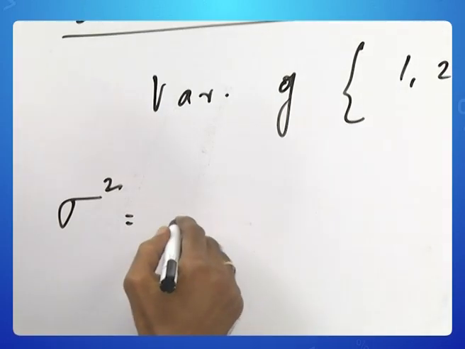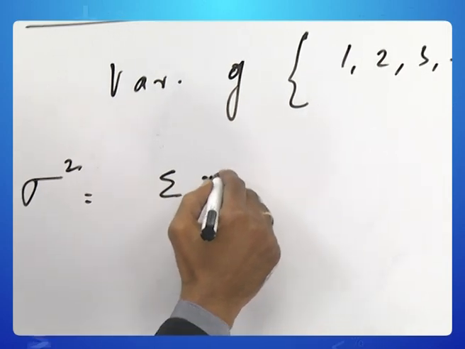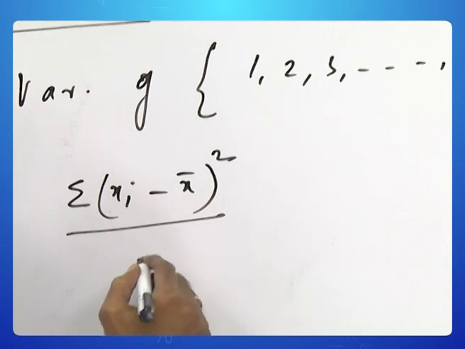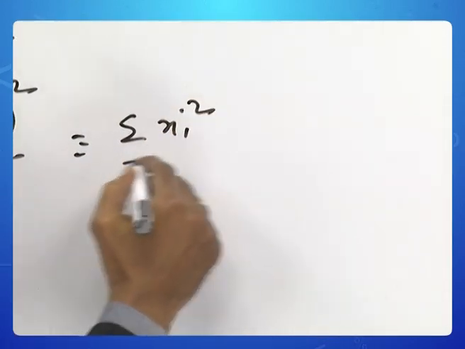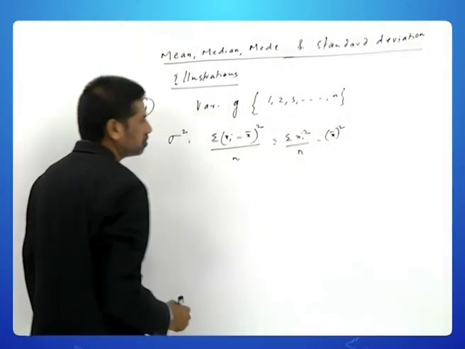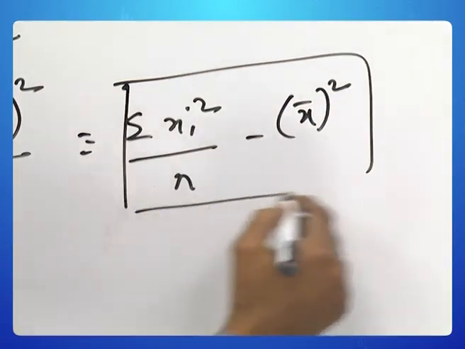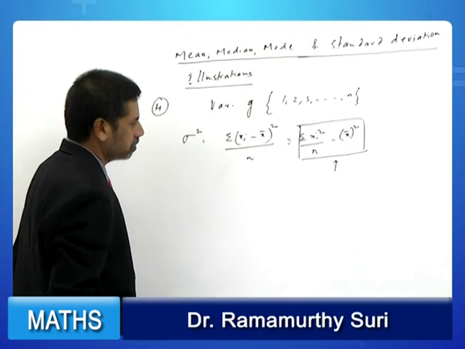So, variance is equal to summation xi minus x bar whole square divided by n, which is the same as summation xi square by n minus x bar square. So, this formula is more convenient for problem solving when discrete data is given.